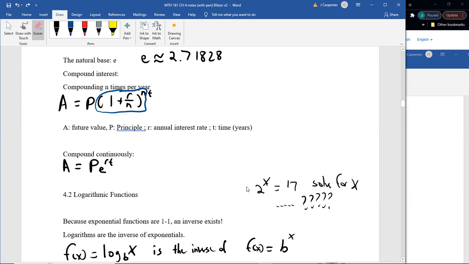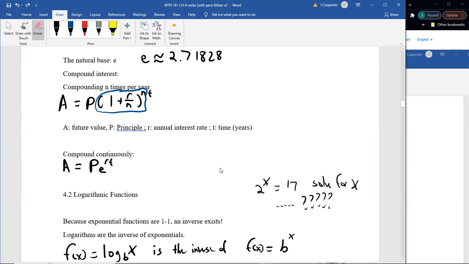Again, you can just pull that out of your brain using numbers. But you can't figure out what the exponent would be to get 17 because it's something like 3.1 blah, blah, blah, or 3.2 blah, blah, blah. You'll never guess it. And there's no direct algebra without this stuff to do it. But again, this is our goal. For now, though, let's just focus on converting from one to the other.